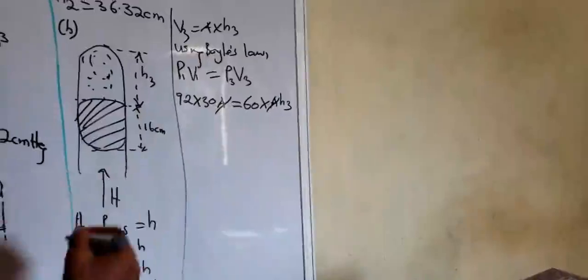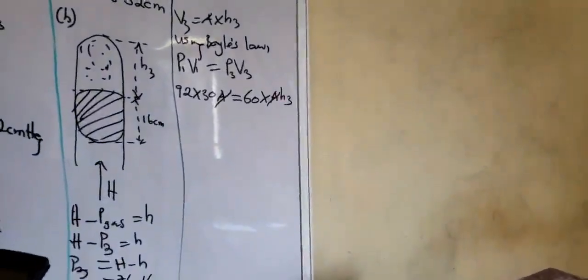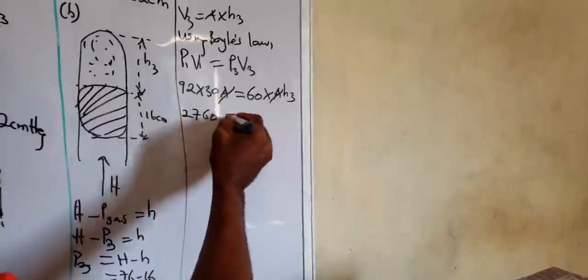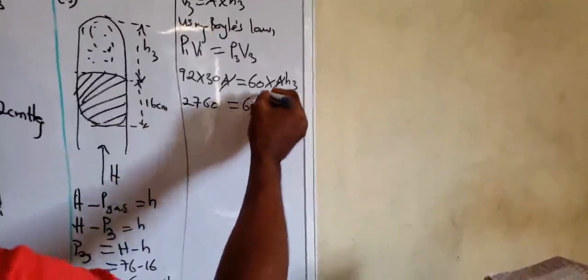A will cancel A. So we check 92 times 30, 2760 should be the same thing as 60H3.